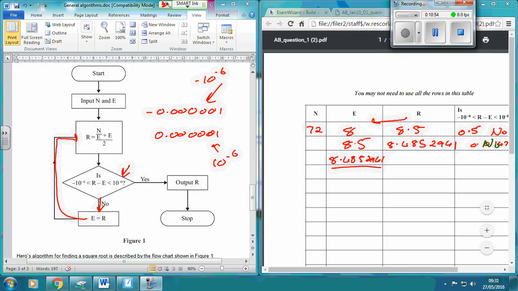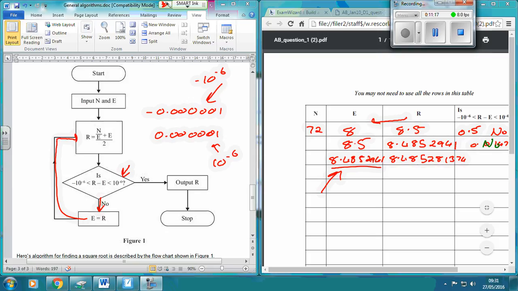So now if we do 72 divided by this answer here, plus that answer there, divided by 2, we get 8.485281374.